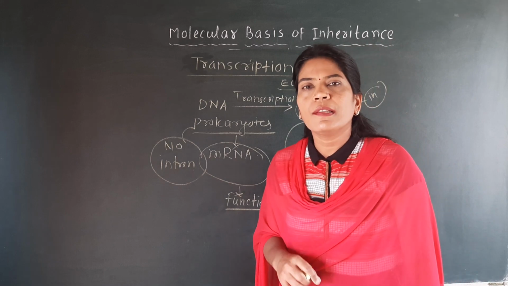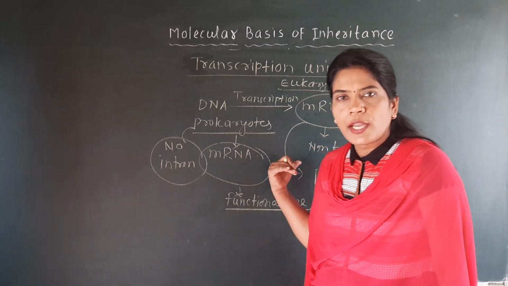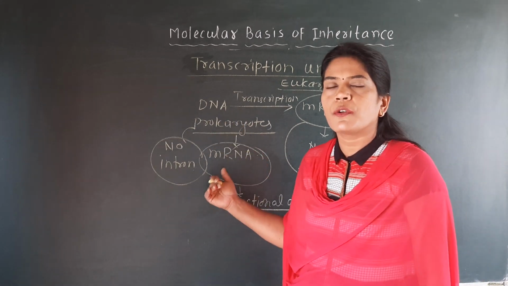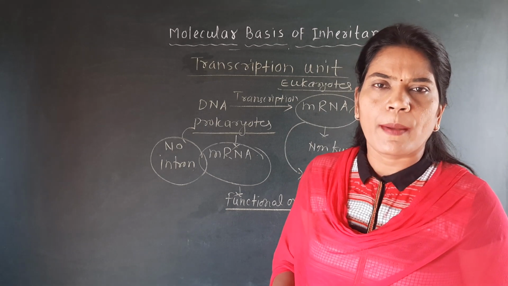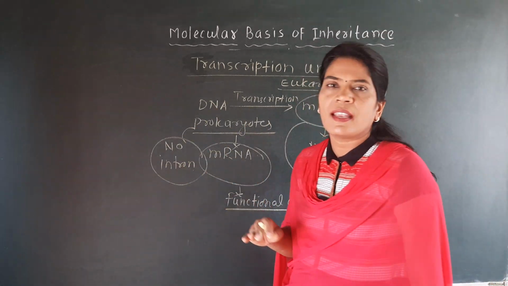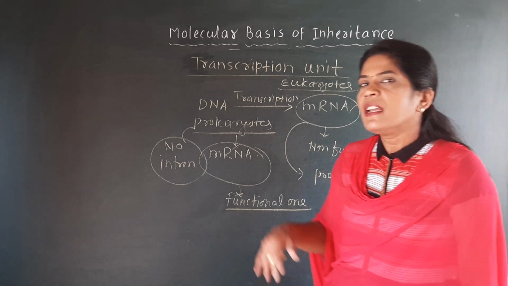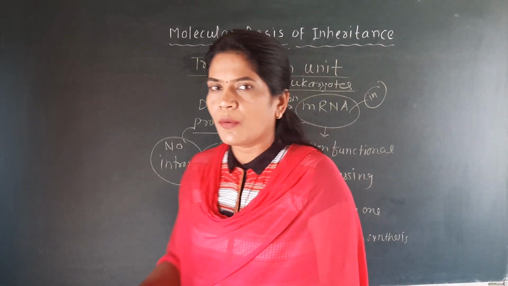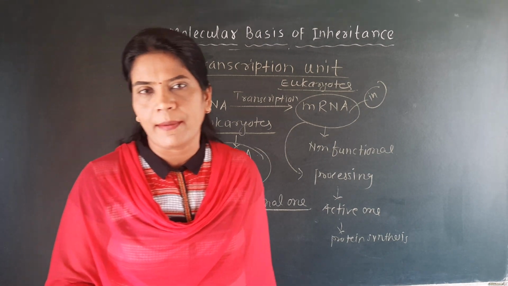Keep in mind why processing is there in eukaryotes and not in prokaryotes: the intron, a non-coding, non-essential part of mRNA, is not present in the mRNA of prokaryotes, but it is present in the mRNA of eukaryotes. We will discuss the same point now, then you will get a clear idea about the intron part of the mRNA.